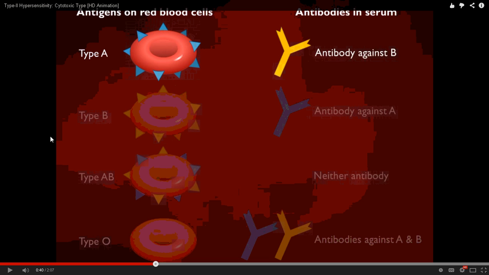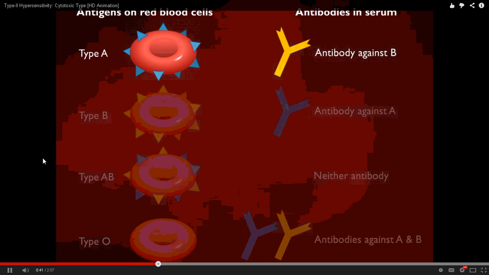So those are going to attack what blood cells? B blood cells. Because if you have A blood, there should be no B at all inside of you. So your body does a good job protecting against other people's blood by having those antibodies in there to attack. So that's what it's going to talk about here.